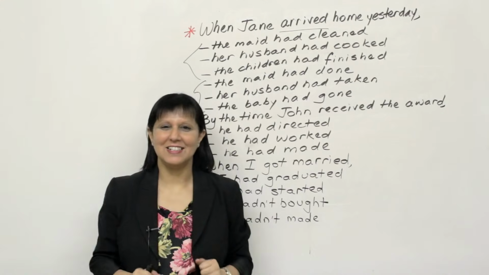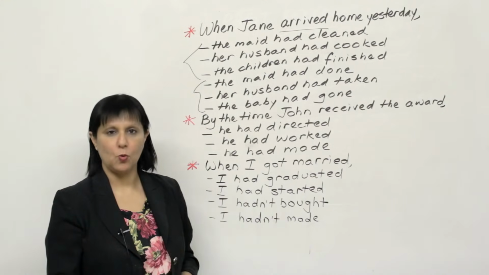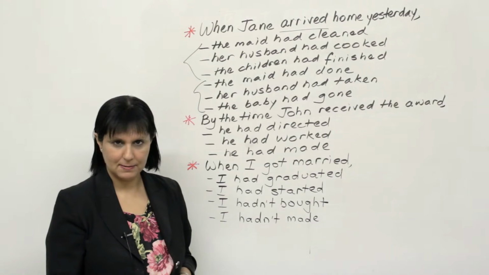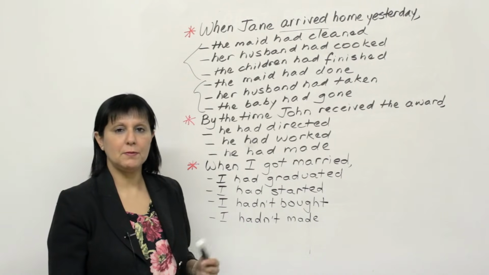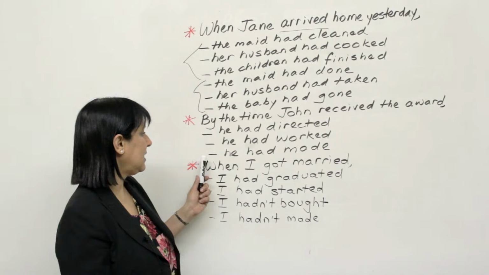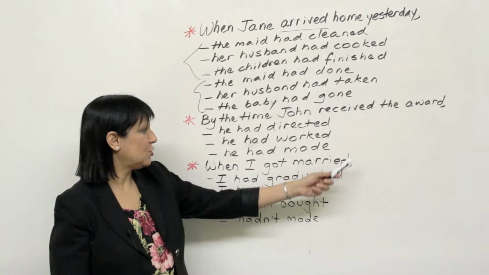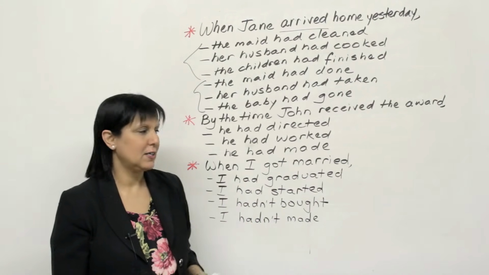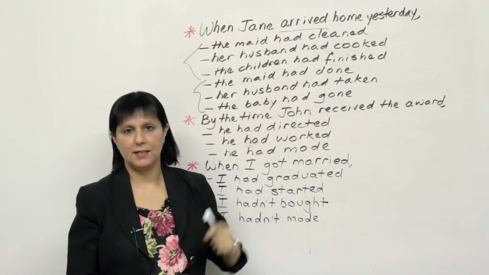Okay? Let's look at another example. By the time John received the award, he had directed several movies. He had worked with many famous actors, and he had made a lot of money. Okay? So all these things, these three things we talked about, happened before John received the award.